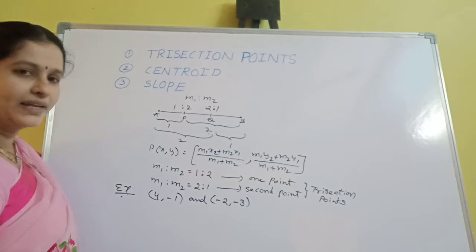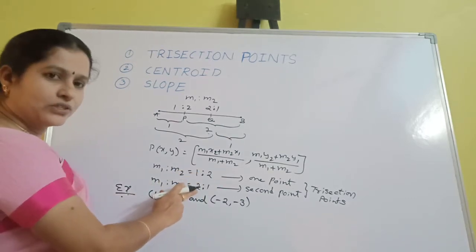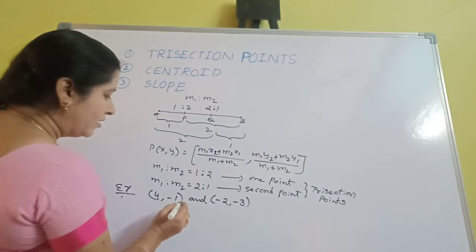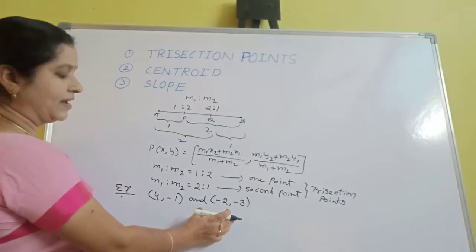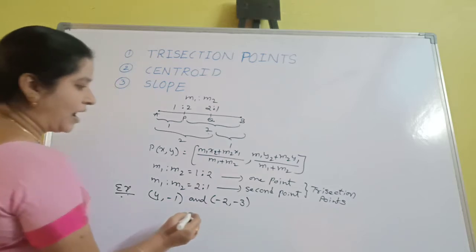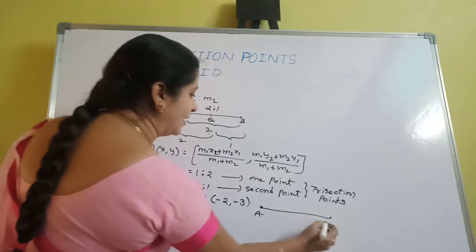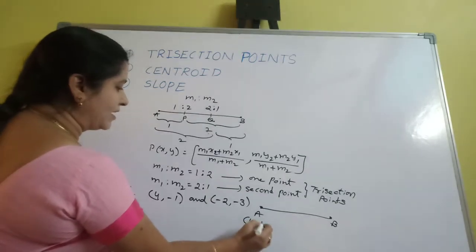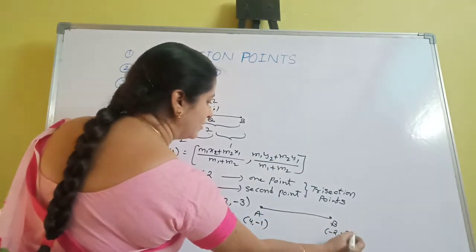Why? Because the ratio is always taken as 1:2 and 2:1. Only the line joining the points is given, and you have to find the trisection points. So just draw a line. Suppose the line joining the points is A, B. Given A (4, -1) and B (-2, -3).